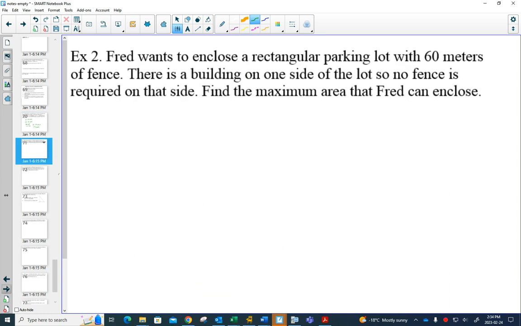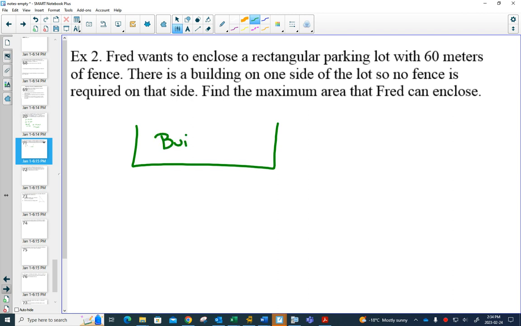Here's another one from grade 11. Fred wants to enclose a rectangular parking lot with 60 meters of fence. Someone should tell Fred that if he encloses it, nobody will be able to park in there. But we will not worry about that either. Okay? There's a building on one side, so this is a top view.